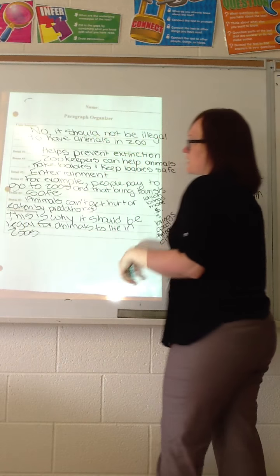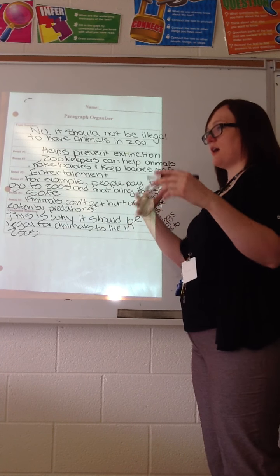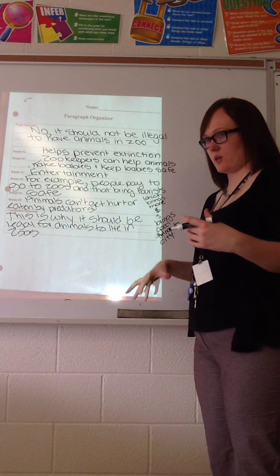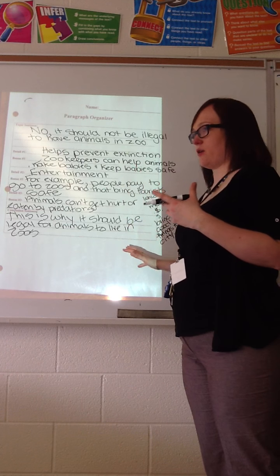Okay? Then my next step would have been to write the paragraph using this outline. Remember, for this week, you're not going as far as writing the paragraph, you're just writing an outline.